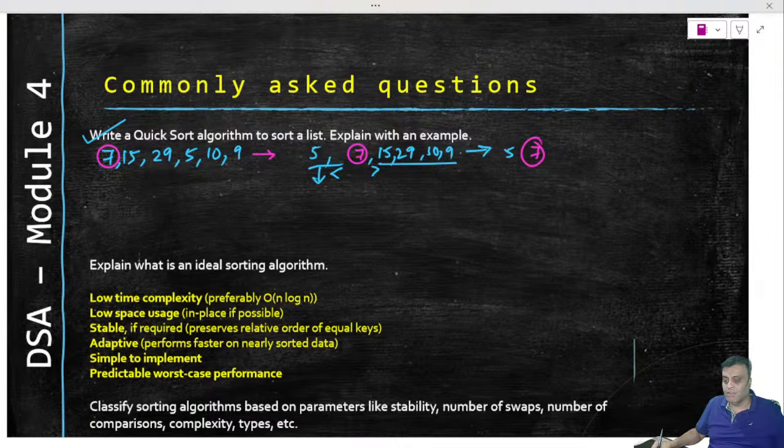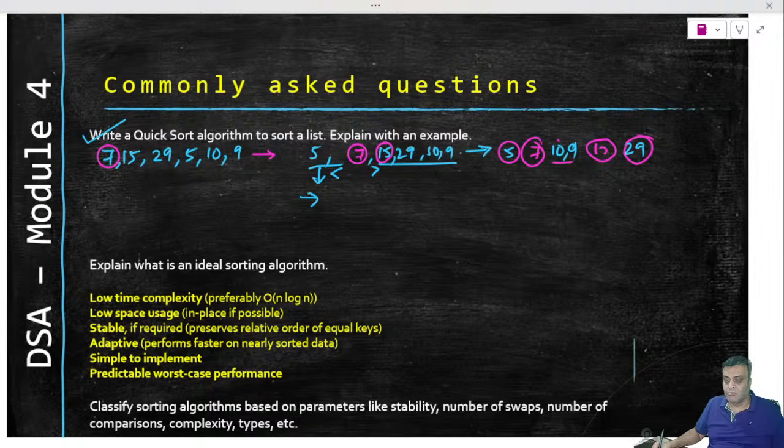and then I will position my pivot here, and this 15 will come to the right position, and the left elements will be less than that, which means 10 and 9 will be left, and my right side will be 29. So this is your next example, and then you will again say that my 5 is anyway a single element, so it is done. 29 is a single element, so it is done.